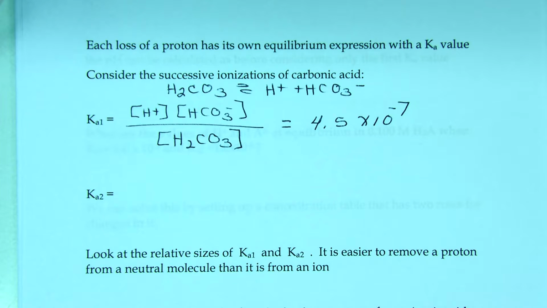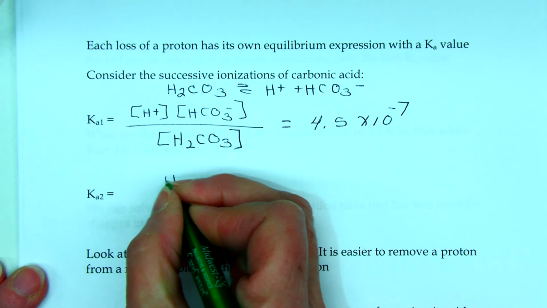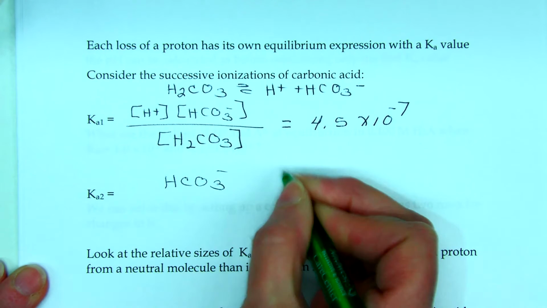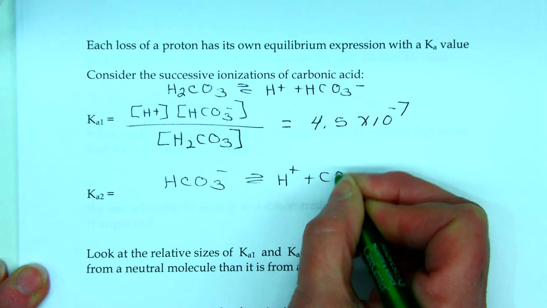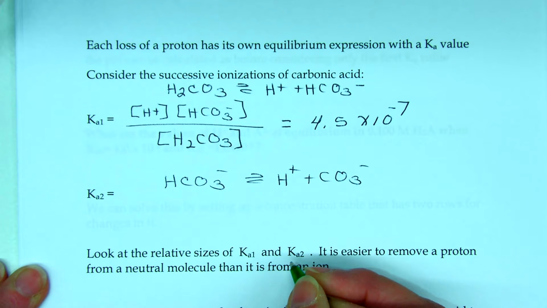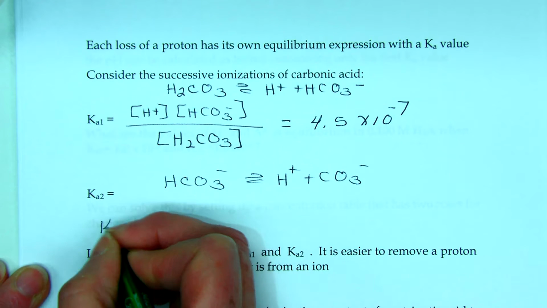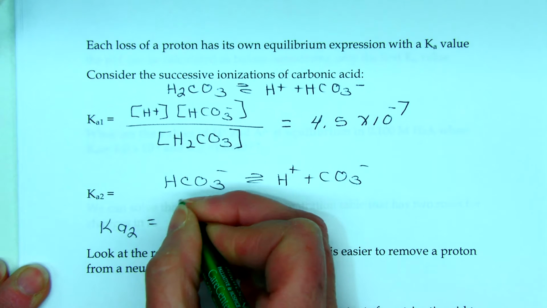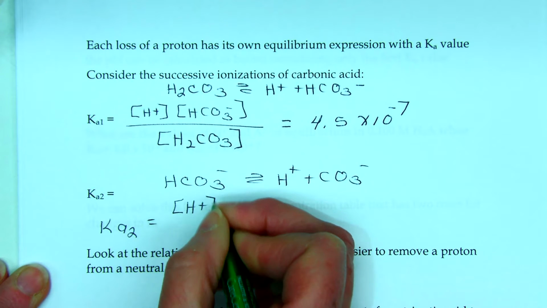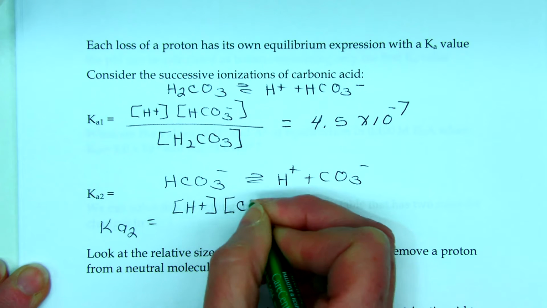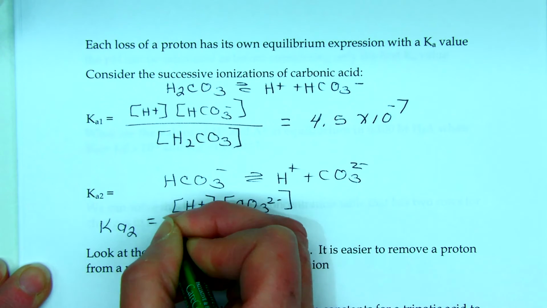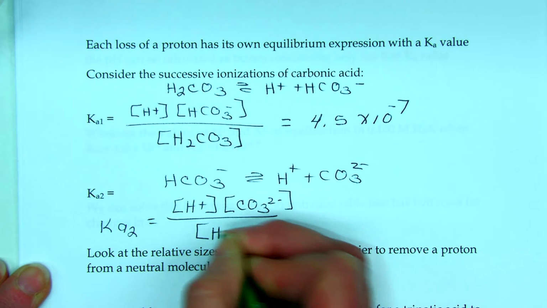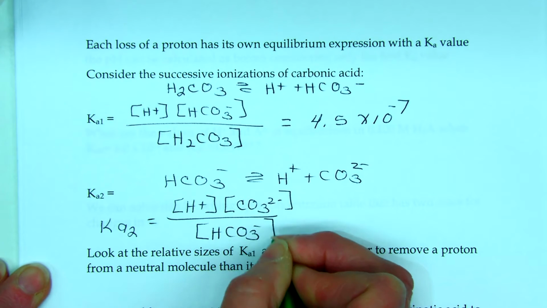Okay? Now let's look at the second ionization. The hydrogen carbonate ion is in equilibrium with the hydrogen ion plus the carbonate ion. So my Ka2 is equal to the hydrogen concentration times the carbonate concentration, that's a 2 minus, divided by the hydrogen carbonate ion concentration.